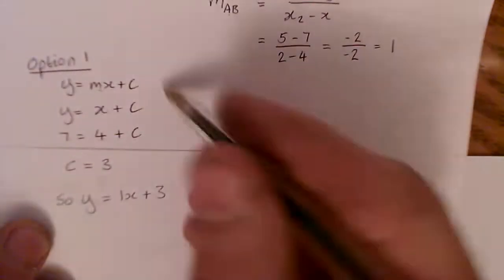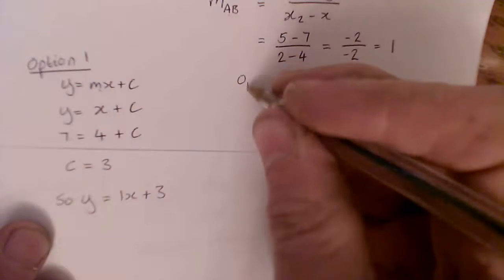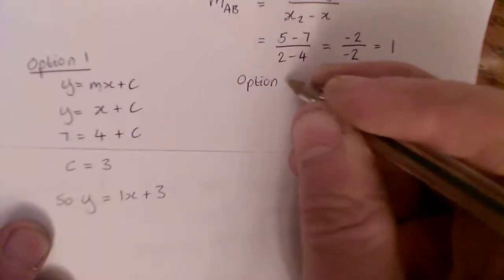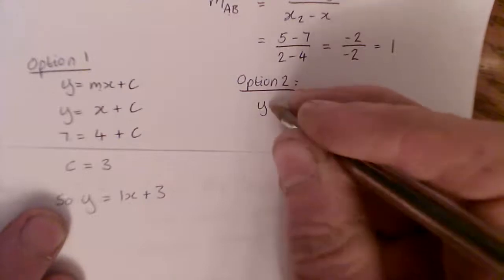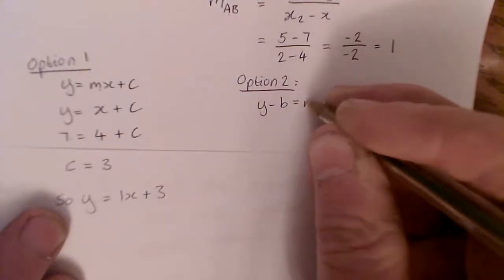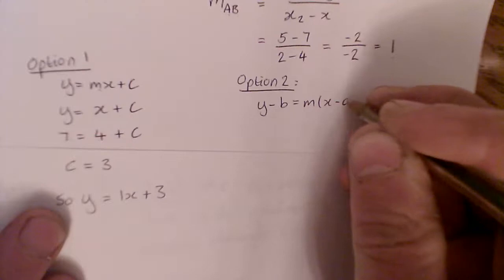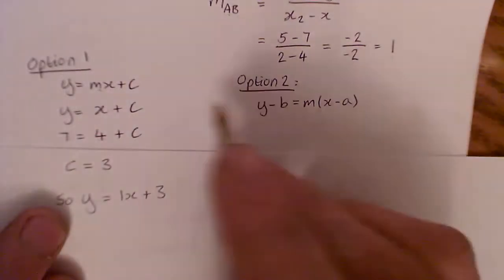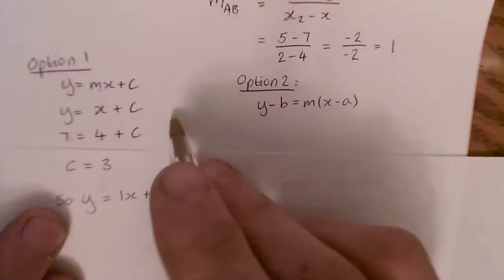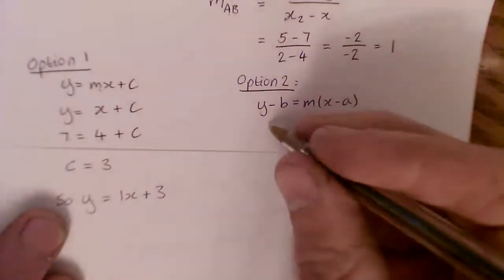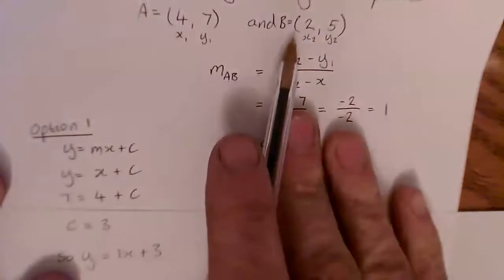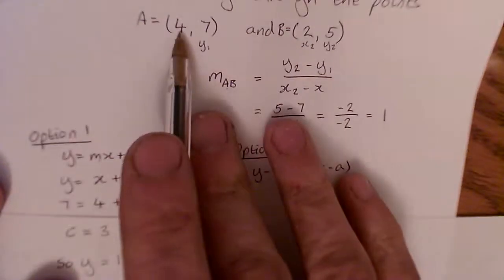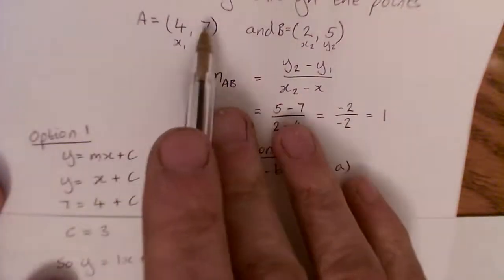Totally happy with using that method. Option number 2 is there's also a second way to do this. There's a little formula that says y minus b equals m times x minus a. Now, these two are doing exactly the same thing, but in slightly different ways. a and b are our point. So if we run back up here, we pick either of our 2 points, and that's a and that's b for that point there.